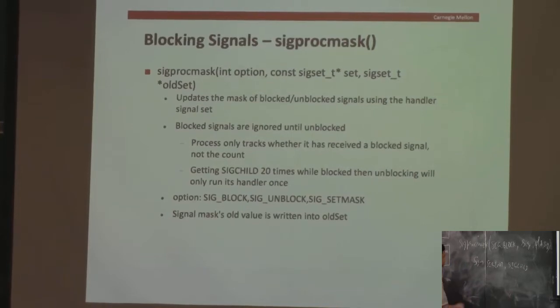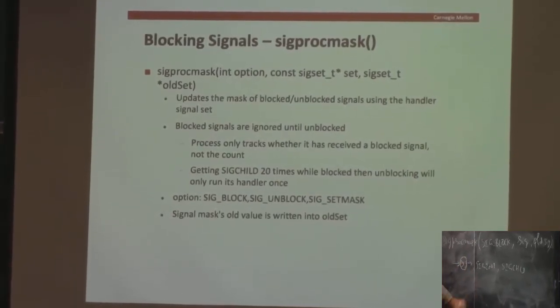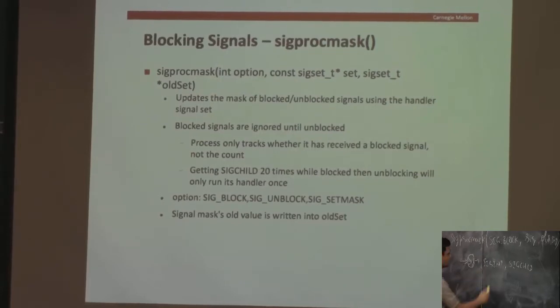So how you will populate this particular sigset structure will come up later. But basically what you're going to do is call sigprocmask and tell it to block the signals. What are those signals? Which are in this set, and this will be populated with, say, SIGINT and SIGCHLD and different other signals that you want, which we'll discuss later.